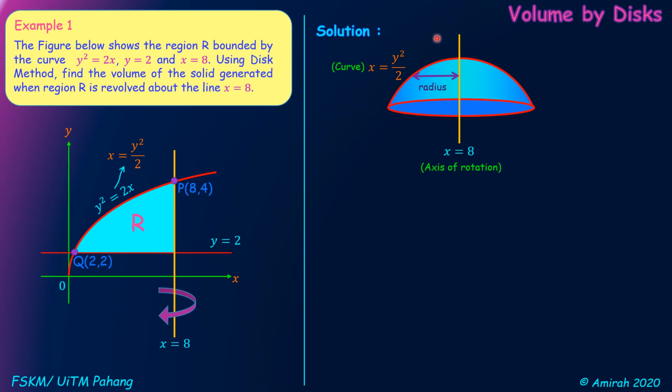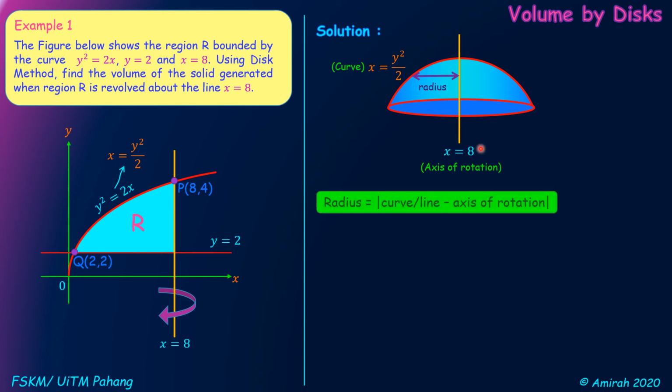Having the equation with x as the subject lets us subtract later. Then the radius equals the distance between the curve and the axis of rotation, and we put it in modulus symbol because the radius is a distance.